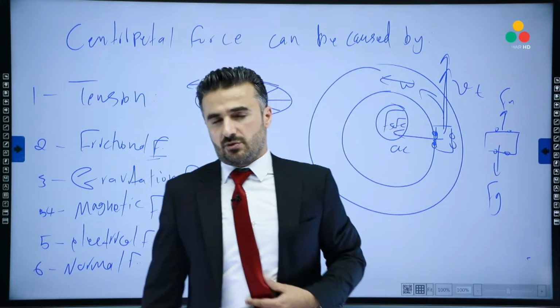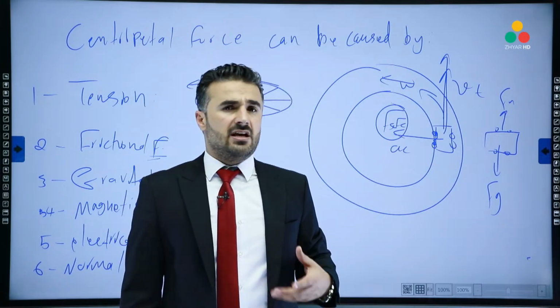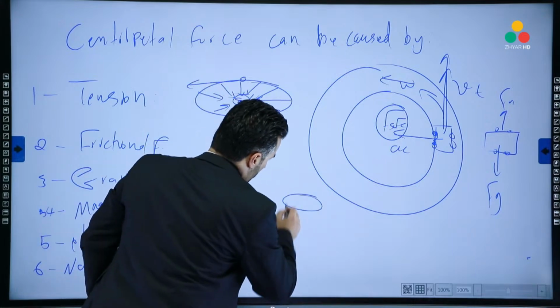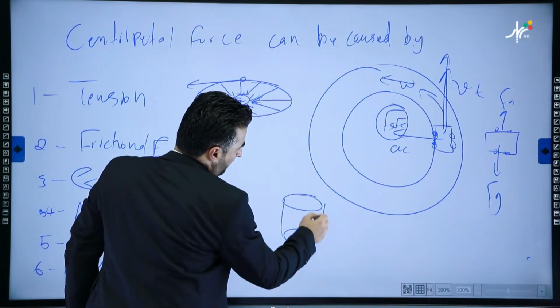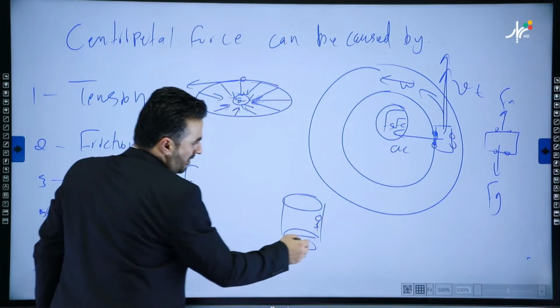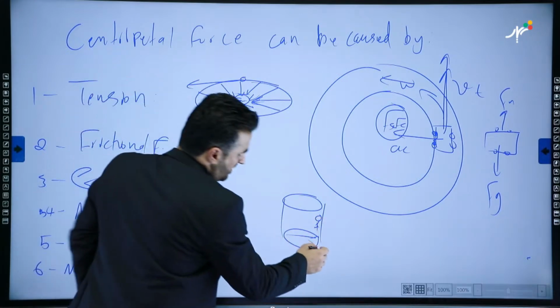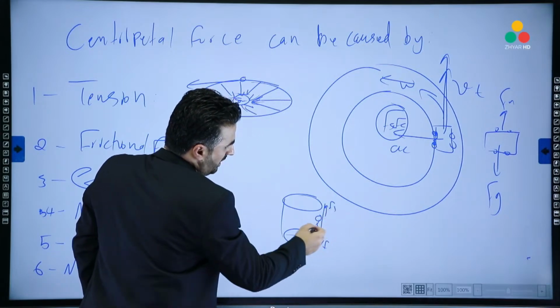You will see later on, when we solve, for example, a cylinder in an amusement park. This cylinder would be rotating or moving in a circle. If a person is standing there, of course they would drop to the bottom under their feet. So Fg would be downward, and friction would be upward in this case.